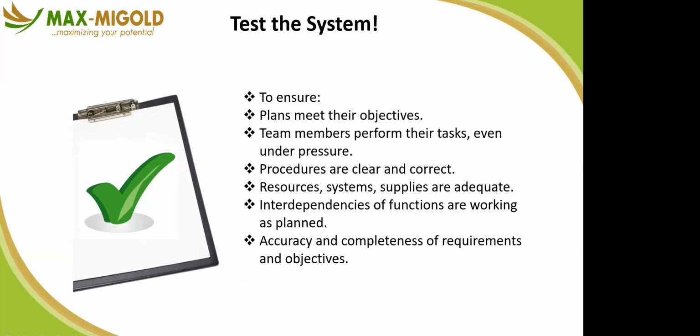People can perform the job even under pressure. Procedures are clear. The functions are working, so people know what to do and they're doing it. And of course, you check whether everything you've written down is complete, adequate, and sufficient. Next slide, please.